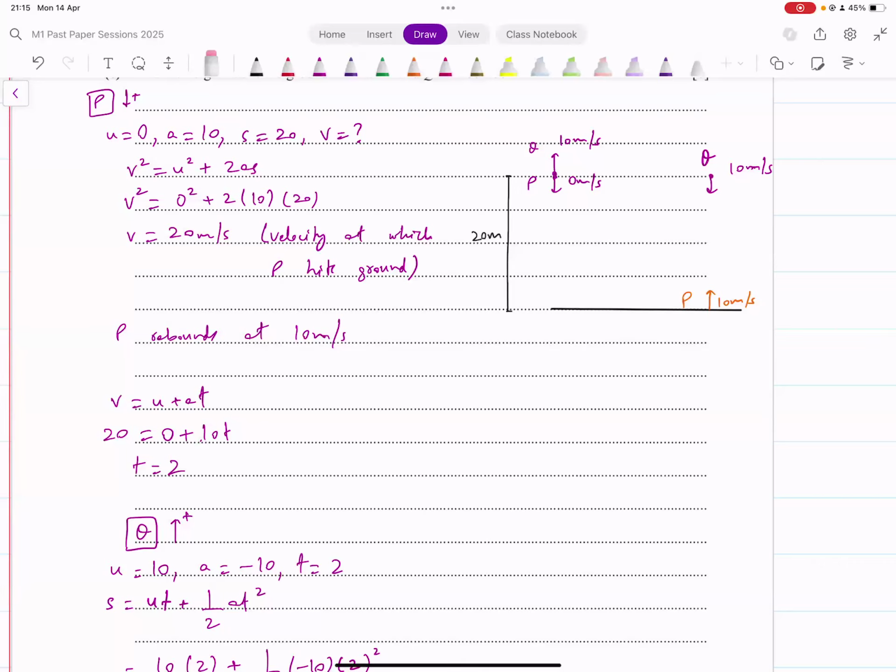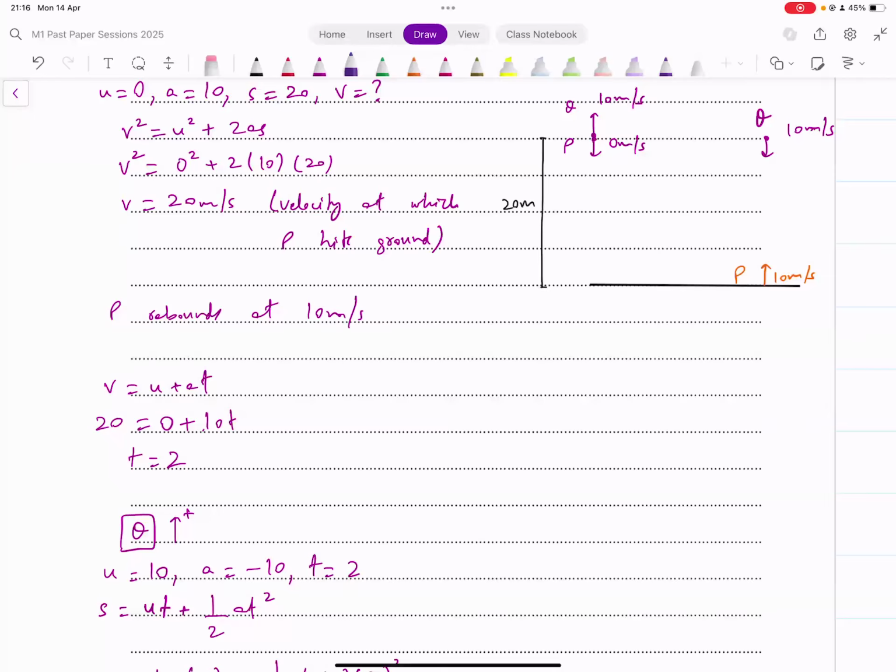Now, as long as you are consistent, mathematically, it actually does not matter which direction you take positive. As long as you do everything according to that, both will work. But if you don't follow the rule, then things become a bit counterintuitive and difficult.